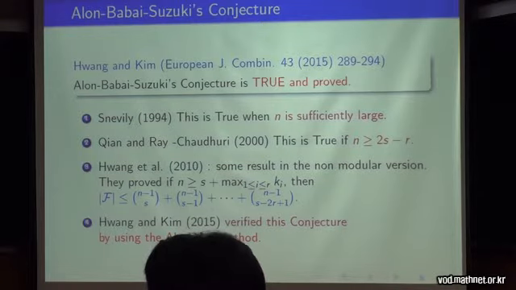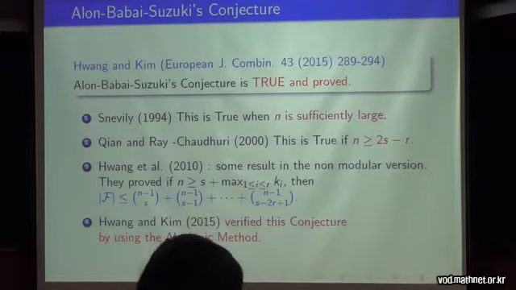This conjecture was considered by many others. First, in 1994, Snevily proved that it's true for sufficiently large n. In addition, in 2000, Ray-Chaudhuri and Yeh proved that it's true if n is greater than or equal to 2s minus r.